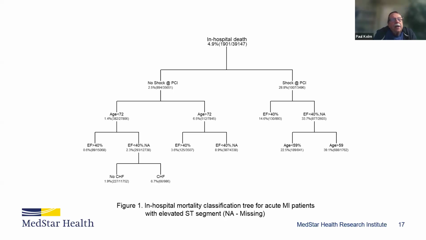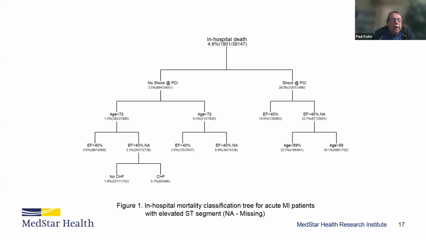And then for the age less than 72, we also have another split with ejection fraction, but it's the same as the splits in the other branches, so to speak, at 40%: greater than 40% versus less than 40% or missing.